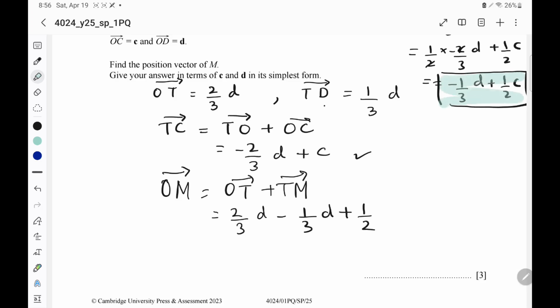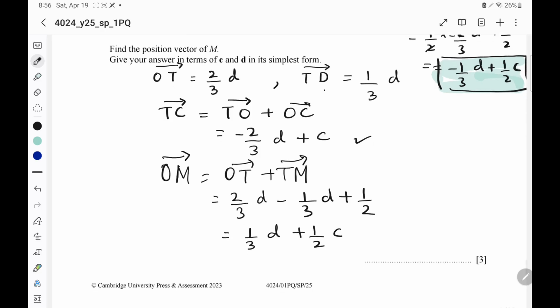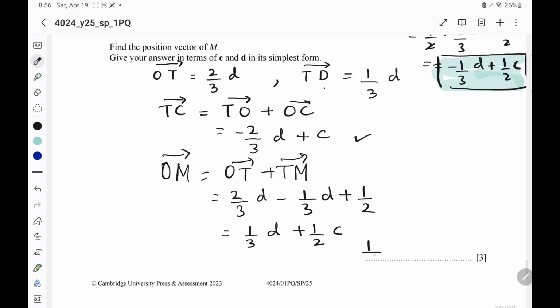We just replace this here. Now we are just simplifying this. D with D, 2 minus 1 will be equals to 1 upon 3D and then plus 1 upon 2C. Either you can write down C first, 1 upon 2C plus 1 upon 3D is the answer for this part.